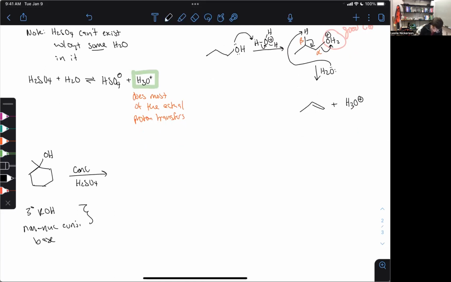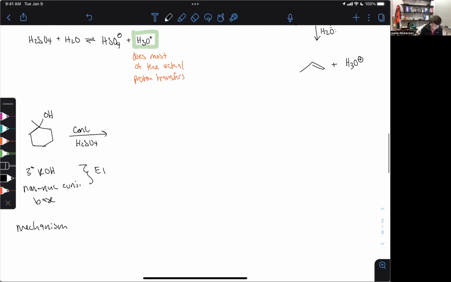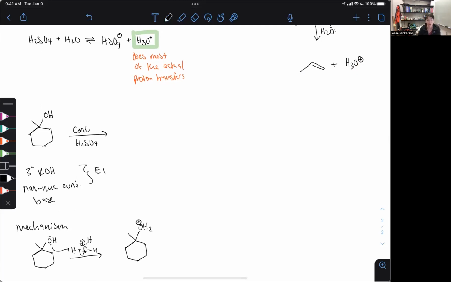So all that together is going to be an E1 type mechanism. So the first step is always going to be protonation. Okay, and it doesn't matter what mechanism you're looking at, the protonation is always going to be first.